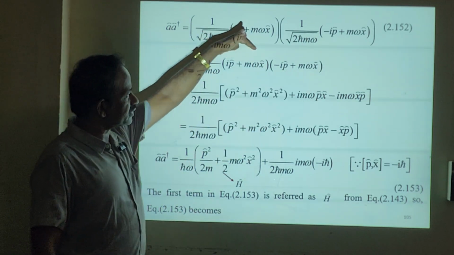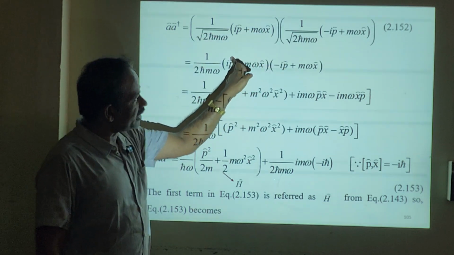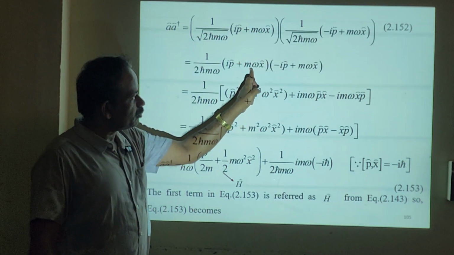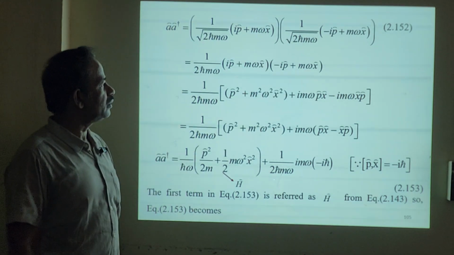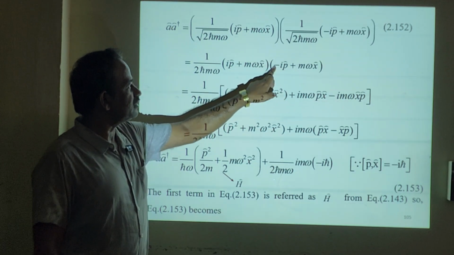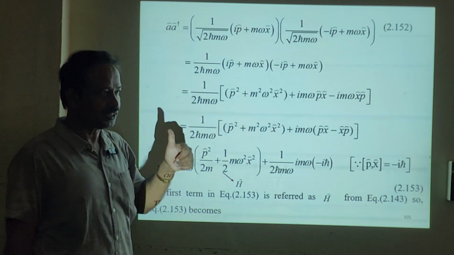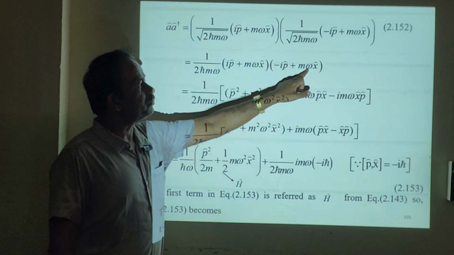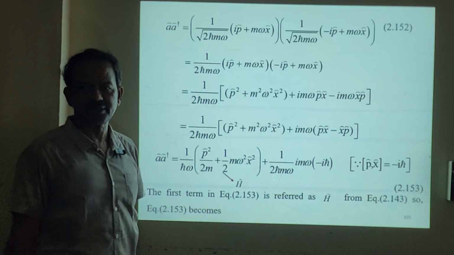So you are going to multiply first this one with this one, second one, multiply ip with m omega x. M omega x multiplied by minus ip. So 4 terms we can get. First we will multiply p into p, that will give you p squared, minus is I into I squared, minus 1, so plus p squared. Okay, that's okay. M omega x multiplied by m omega x will give you m squared omega squared x squared. So simple one.